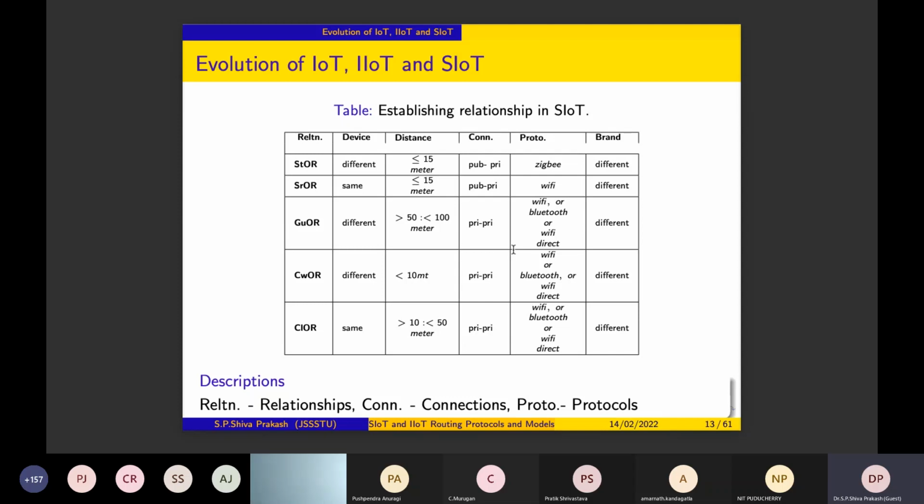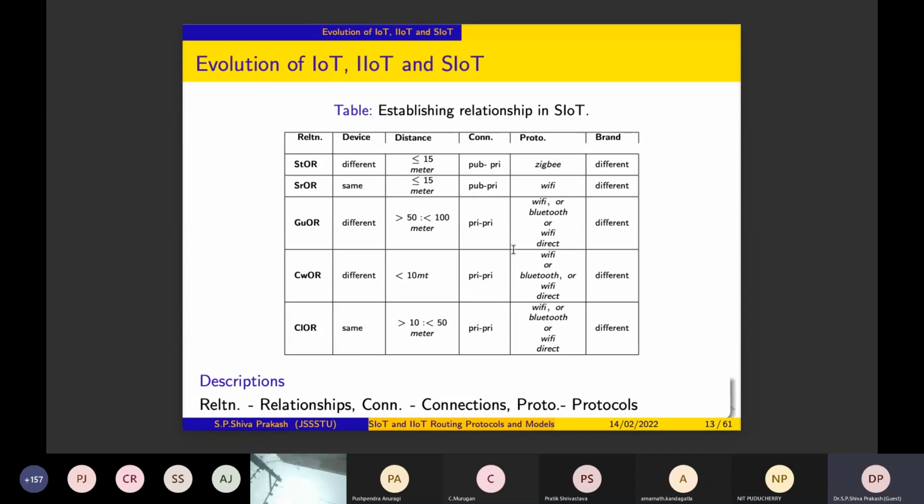What is the distance between these devices? Whether they are at close distance or away from the range, and also the type of connection and protocol it is using, and it depends on the brand also, whether both mobiles are the same brand or different brands.